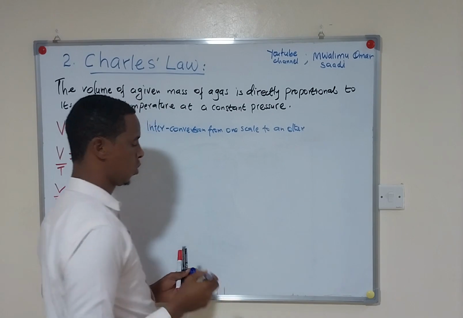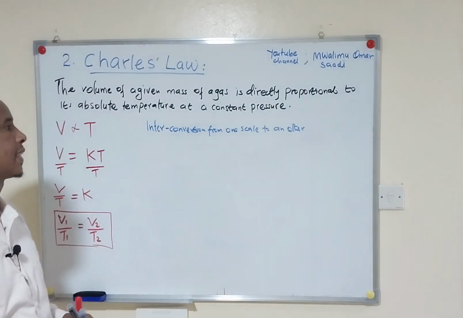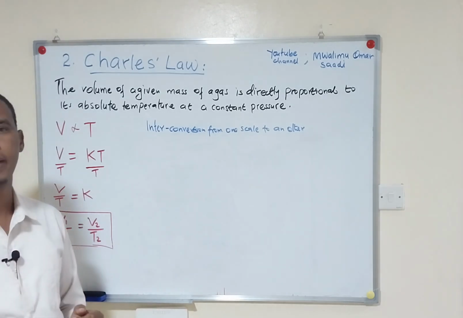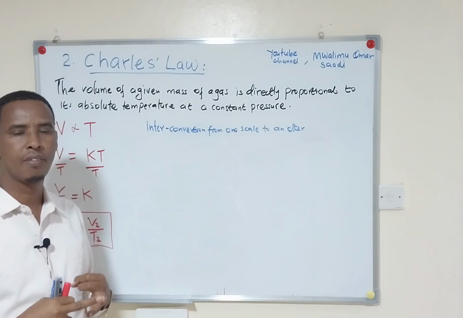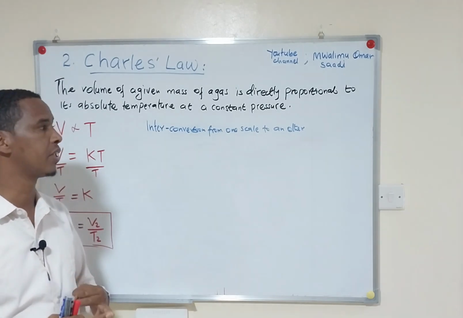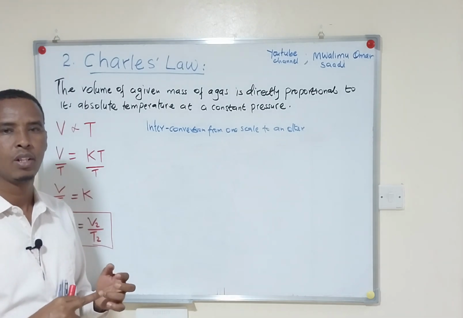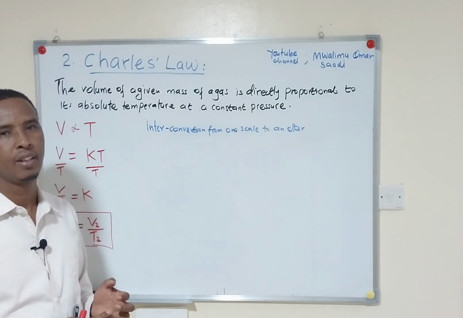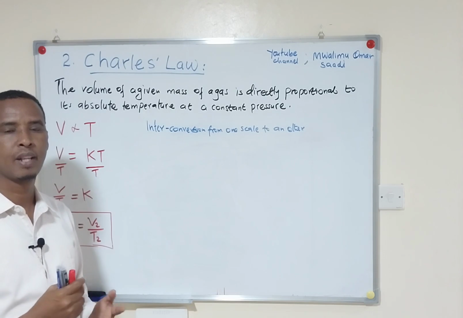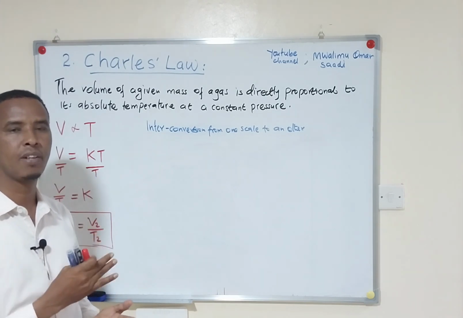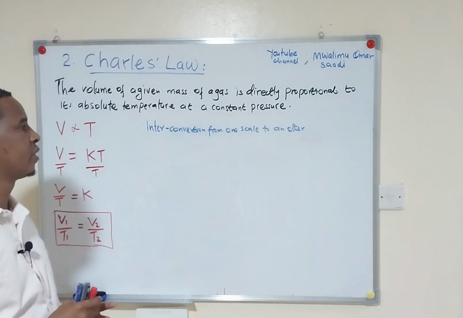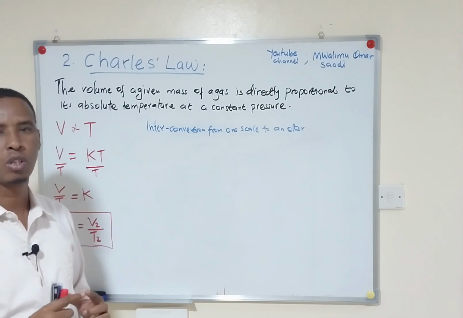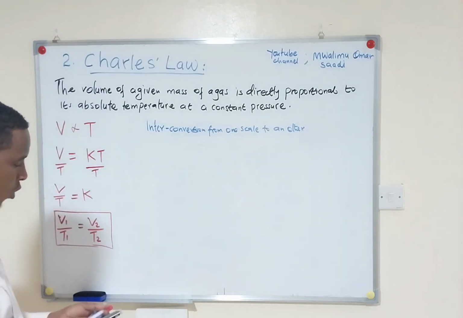To convert temperature in degrees Celsius to temperature in Kelvin, you add 273. And to convert temperature from Kelvin K to degrees Celsius, you subtract 273.